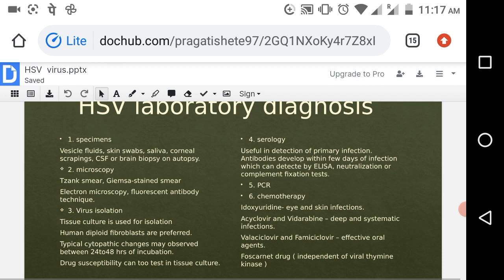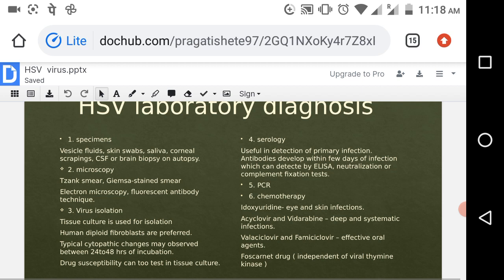The antigen antibody test. In that also, ELISA plays a very important role. In ELISA, we will detect the antibodies, which is very important in determining the primary infection for herpes.